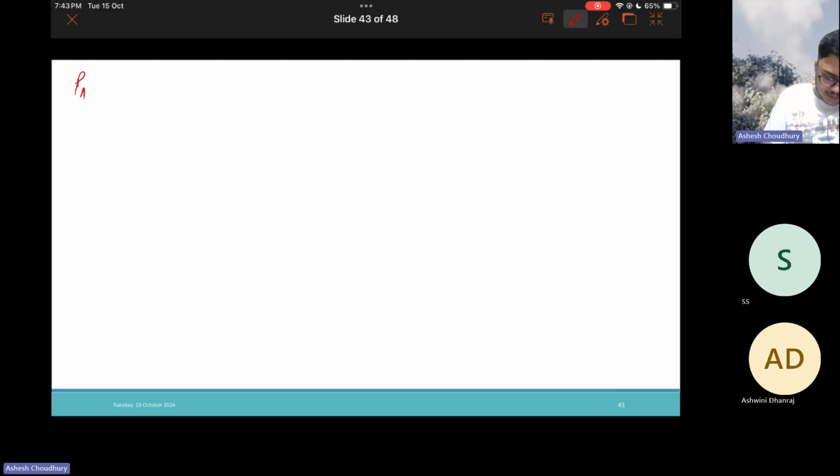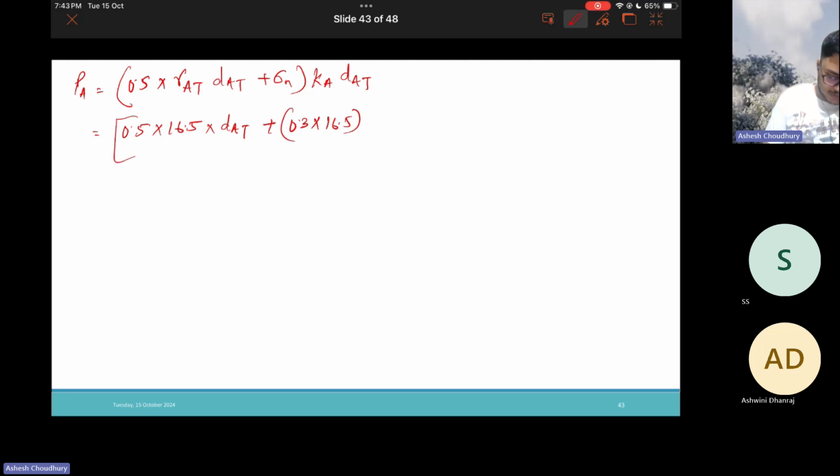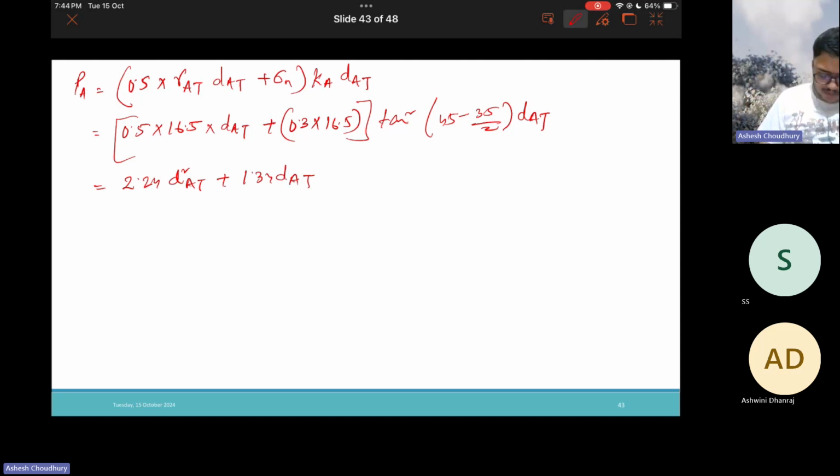Then you have to find out PA, and we get it in terms of the depth of the trench.